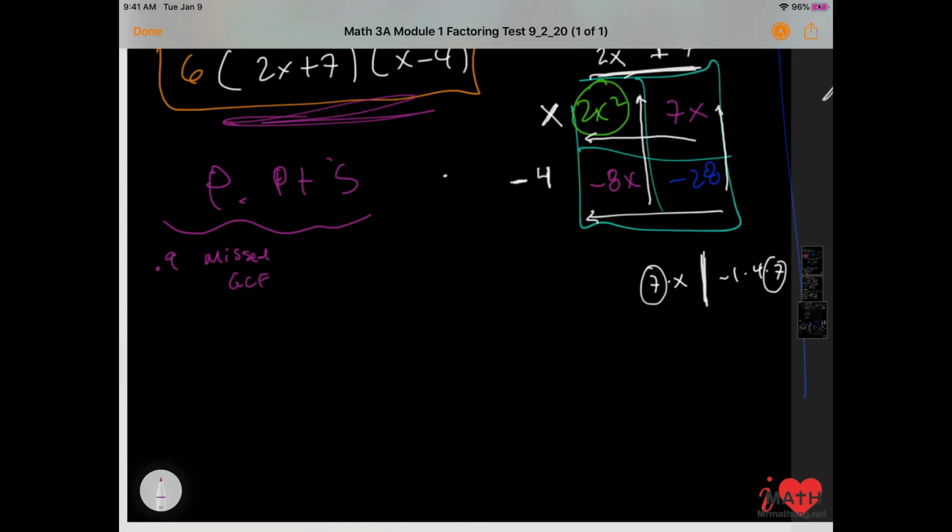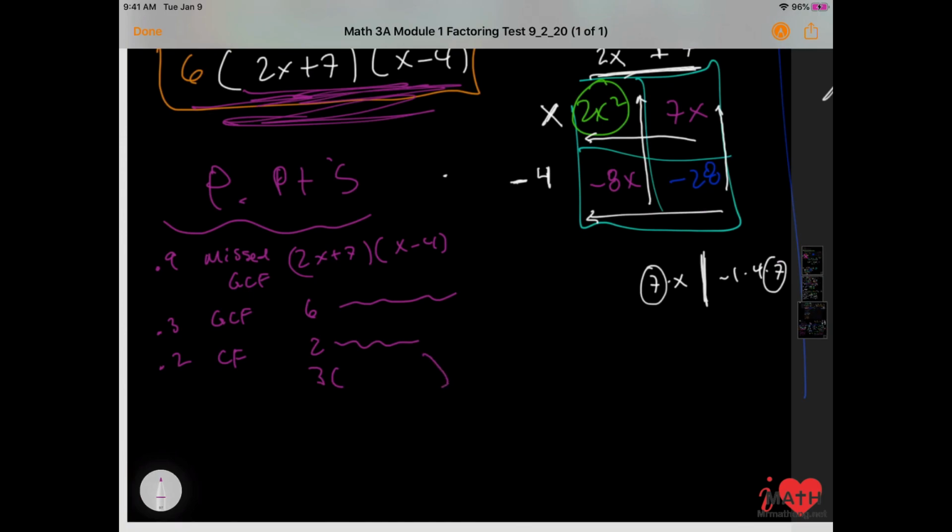If you just have this right there, 2x plus 7 and x minus 4, you missed the 6. Okay. I give you 0.3 if you got the GCF correct, meaning you got a 6 and then you got something else over there. And then I gave you 0.2 if you found a common factor like 2 or 3 and then something like that.